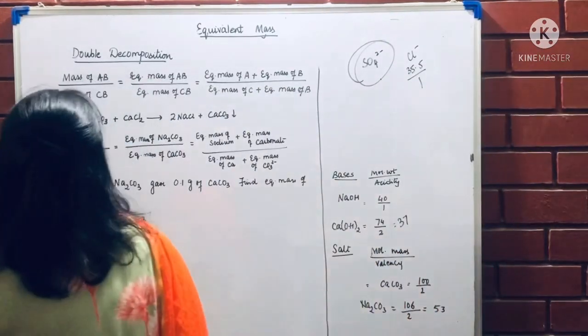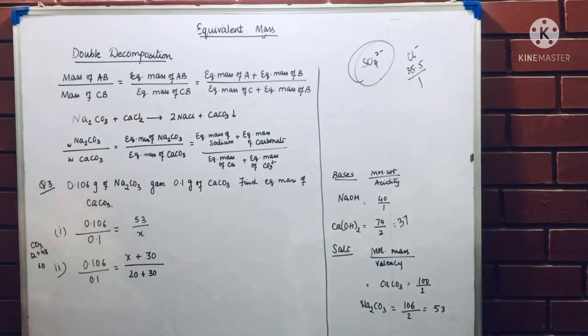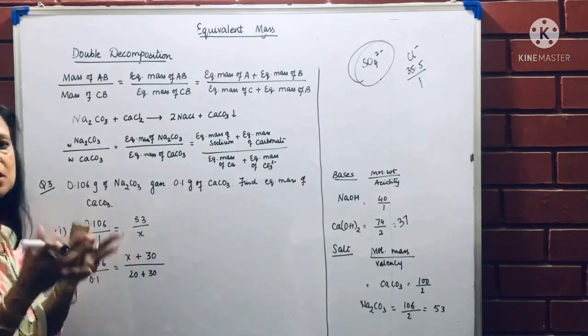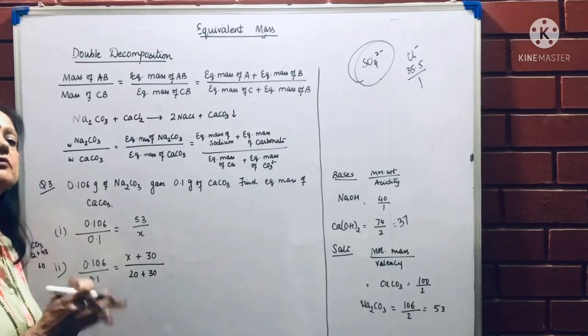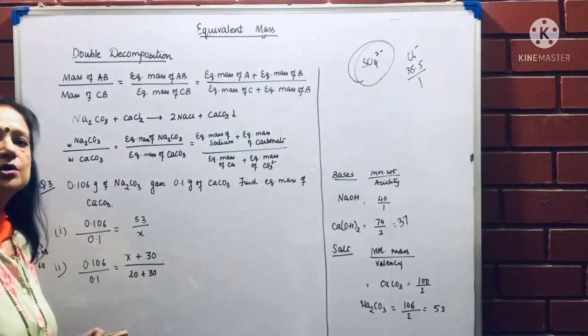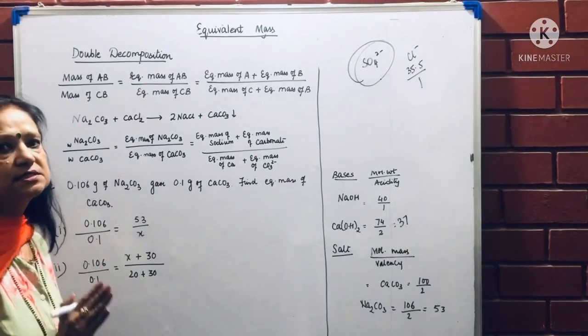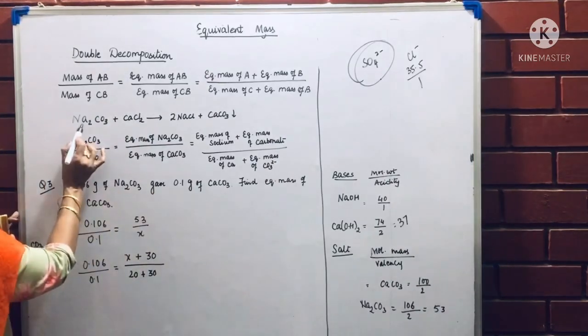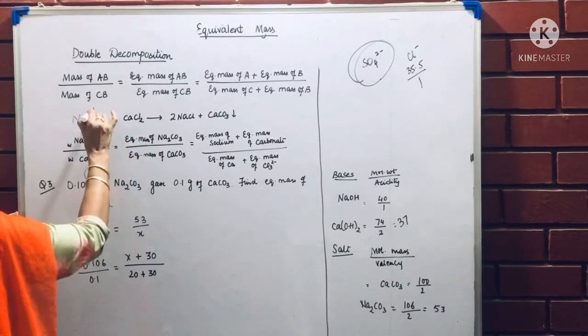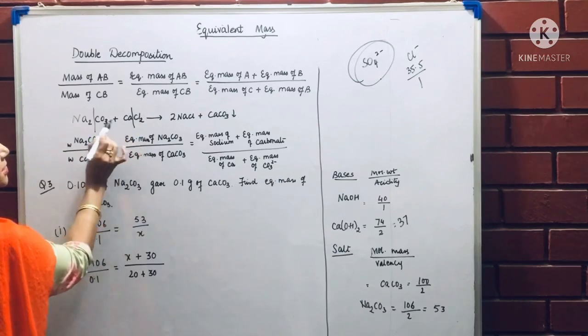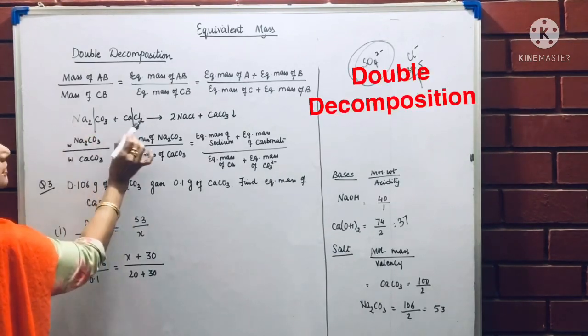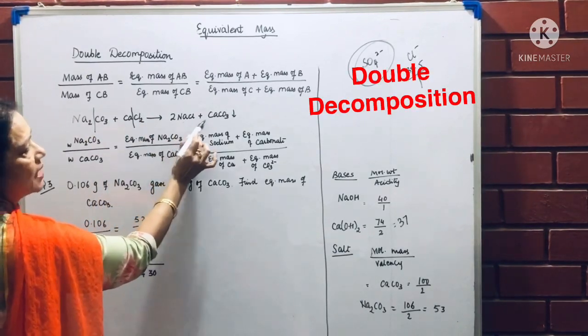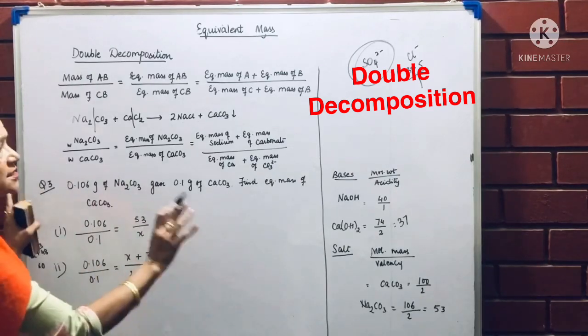Now come back to this. It says double decomposition reaction. If you remember, a double decomposition reaction is when two salts combine and give two new salts, out of which one is insoluble. I have taken two salts here, sodium chloride and calcium carbonate. Balance the equation.